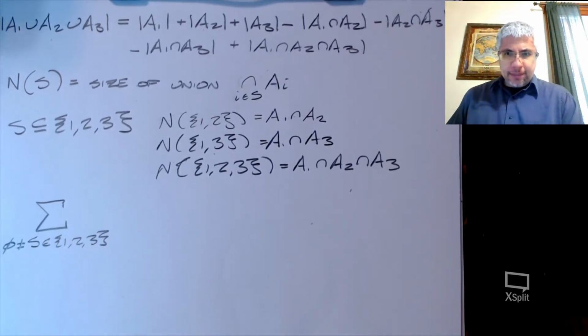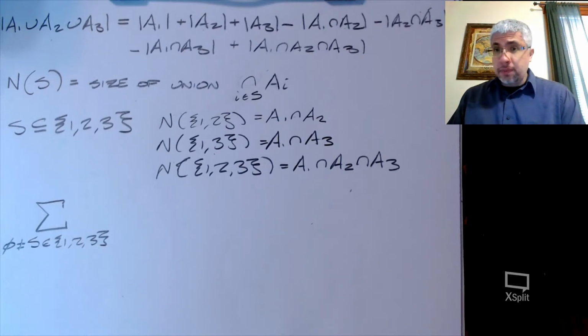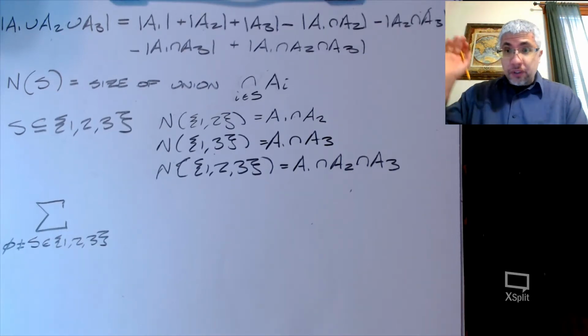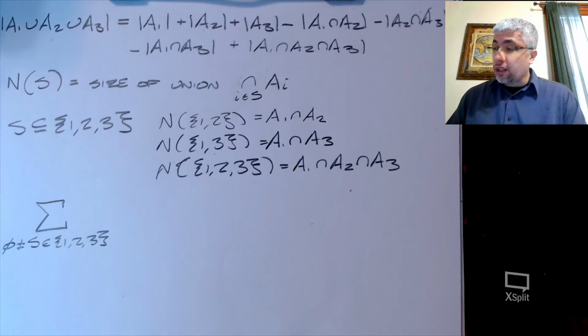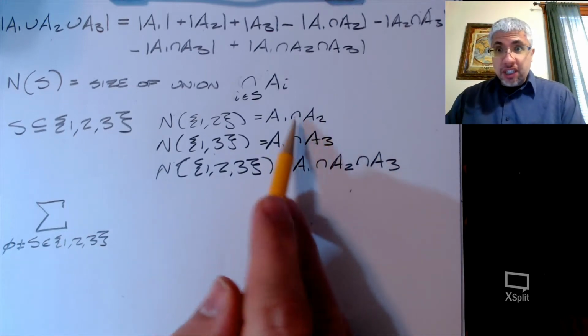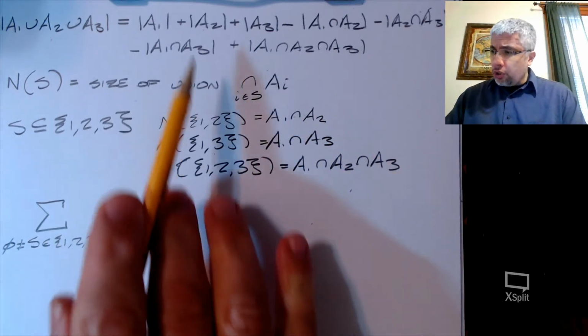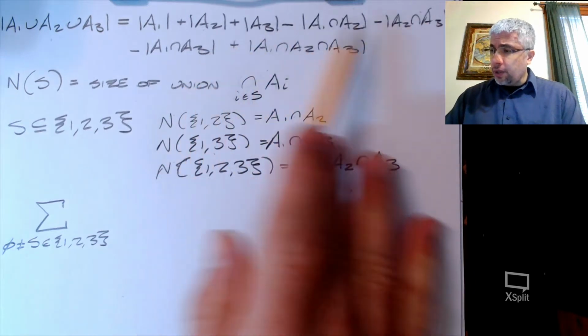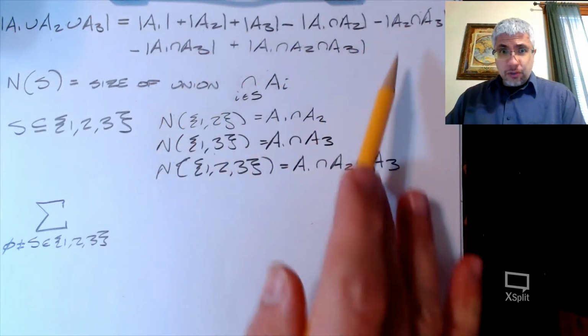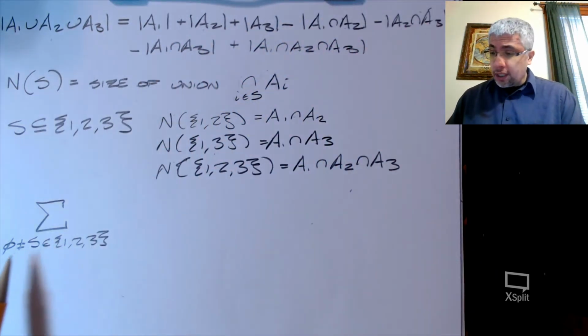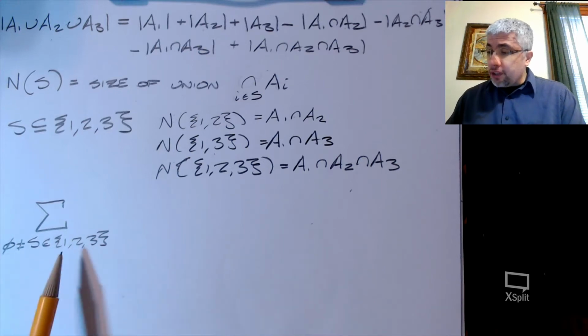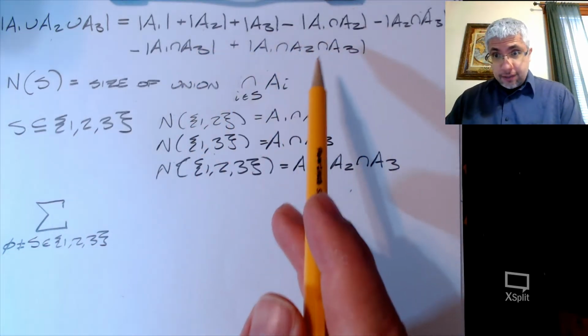I don't want to take the empty set. The empty set, I guess, would be the whole universe, all possibilities. We're not restricting to an intersection of anything. But notice that doesn't appear anywhere here on the right, and this is what we're trying to compute. So we don't want the empty set to be a set. But every other possible intersection does.